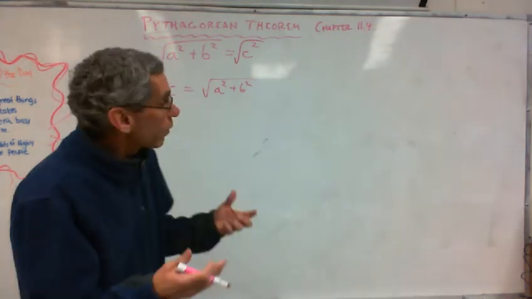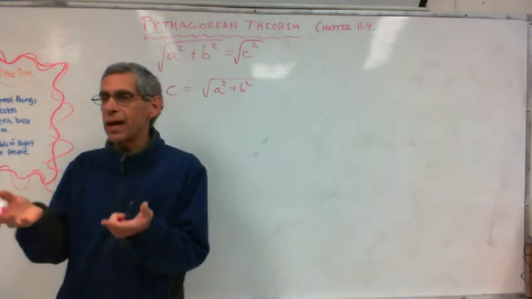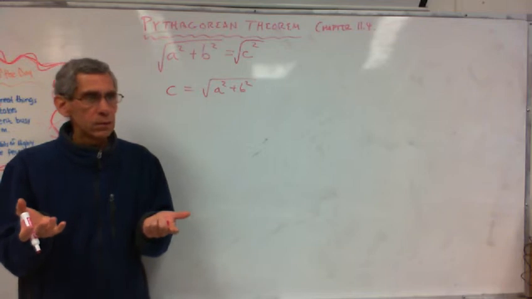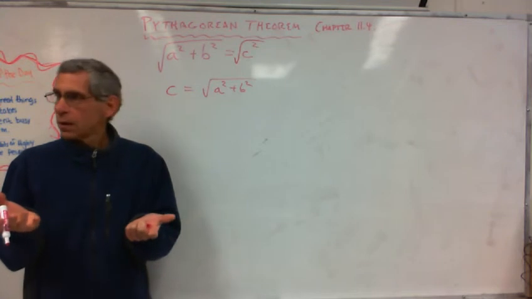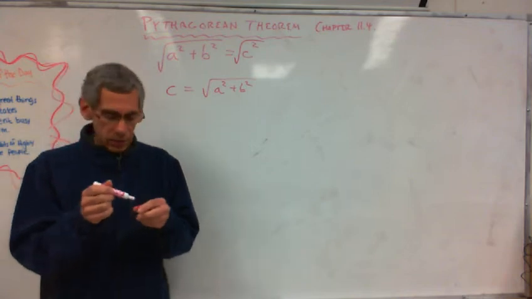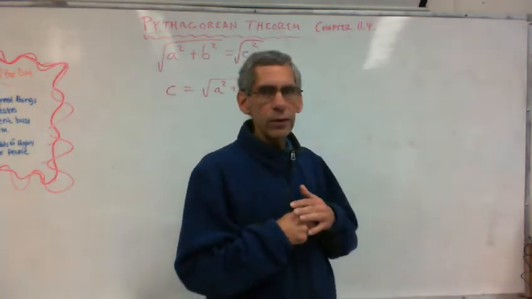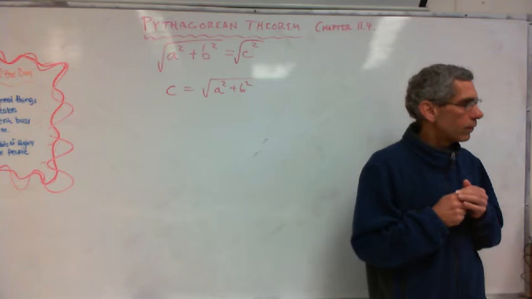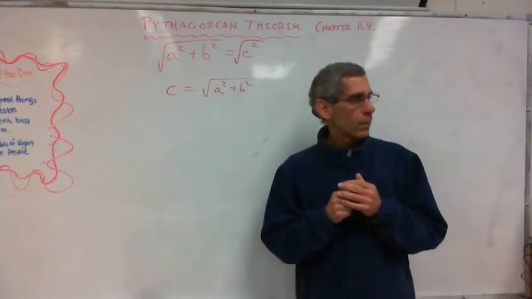Okay, so what we have to look at is what is the Pythagorean theorem talking about? The triangle. What kind of a triangle? Right angle. Does it have to be a right triangle? Yeah, it does, because it has to have that side.